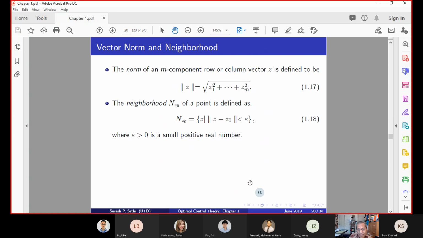In a single dimension, the neighborhood is just the absolute value of z minus z0 less than epsilon. Right? It is a ball, epsilon this side. But in multiple dimensions, you need to figure out what the ball is. That ball is this neighborhood, and I have to be able to take the derivative by having this kind of neighborhood. So that is all I'm doing. We're not going to use this all the time. We're only going to use this to give you some idea of what is going on, and then it's just sitting in the background, basically.